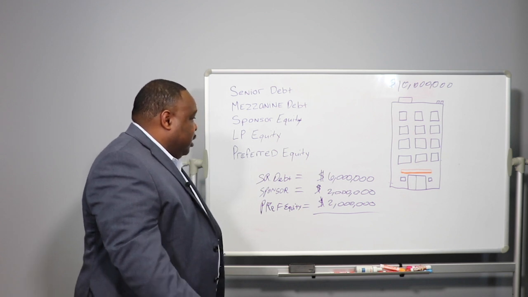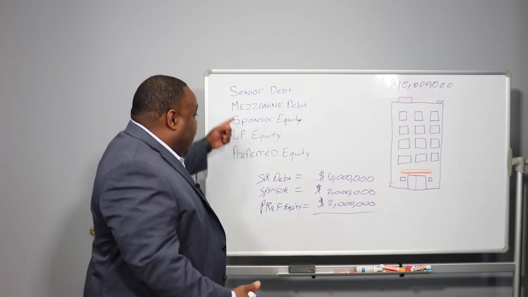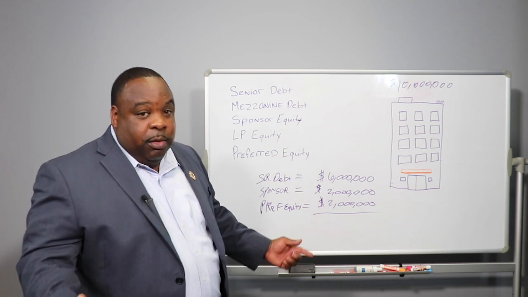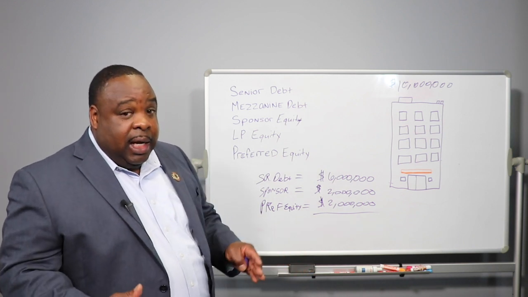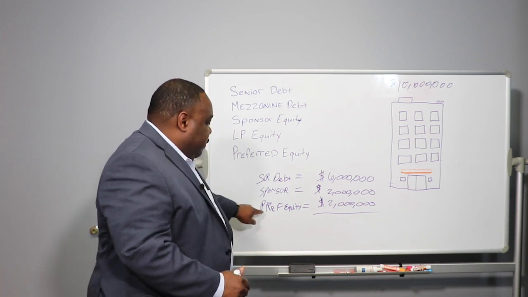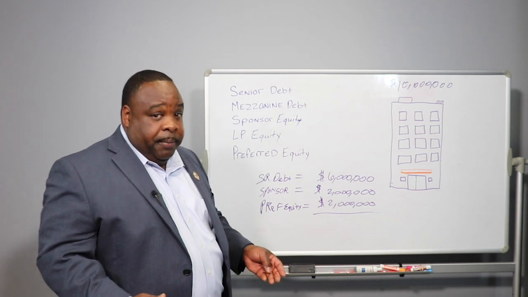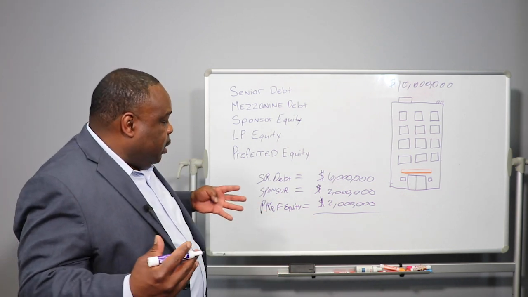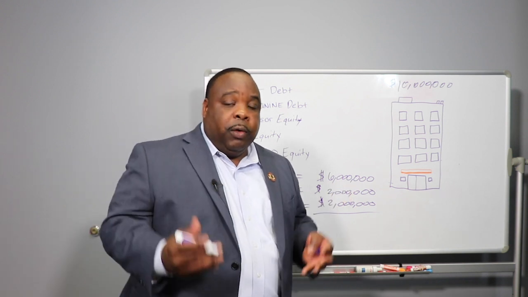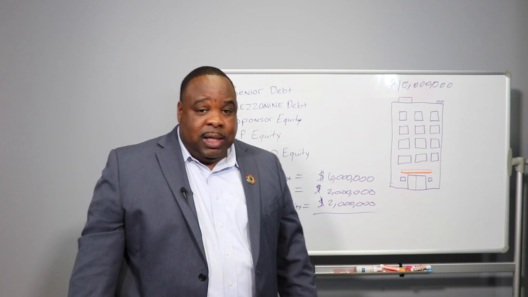Now, some might ask the question, well, is it possible to use pref equity and mezz debt in the same transaction? Anything's possible, but it's highly unlikely because these two forms of capital, the pref equity and the mezzanine debt, are extremely expensive. And so when you apply those to a transaction, it could drive the overall cost of capital up to where this project no longer makes any sense.